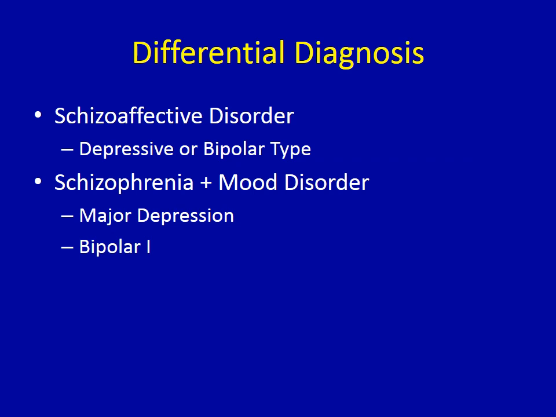So when might we give this diagnosis as opposed to schizoaffective disorder? Well, this would be appropriate if we are seeing significant periods of time where we have symptoms of mood disorder without psychotic symptoms, or if we are seeing significant periods of time where we have psychotic symptoms without the presence of mood symptoms. So remember, for schizoaffective disorder, for most of the time that an individual is experiencing psychotic symptoms, they also need to be having those mood symptoms.